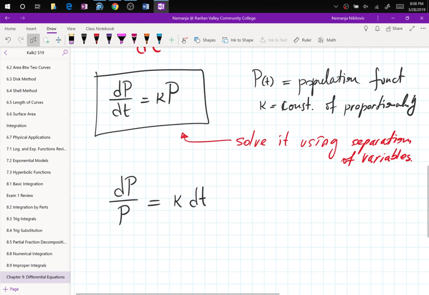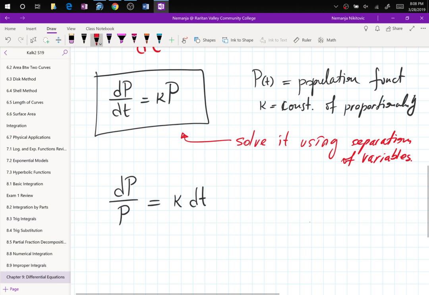Now, what do you think we are supposed to use to solve this now? Calculus, okay, be more specific. What do we do to both sides? We integrate. You already have dP and dt. That's like your dx.